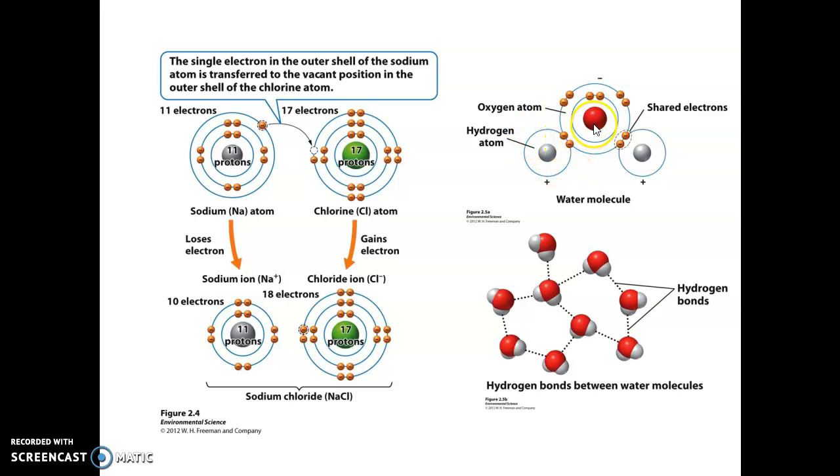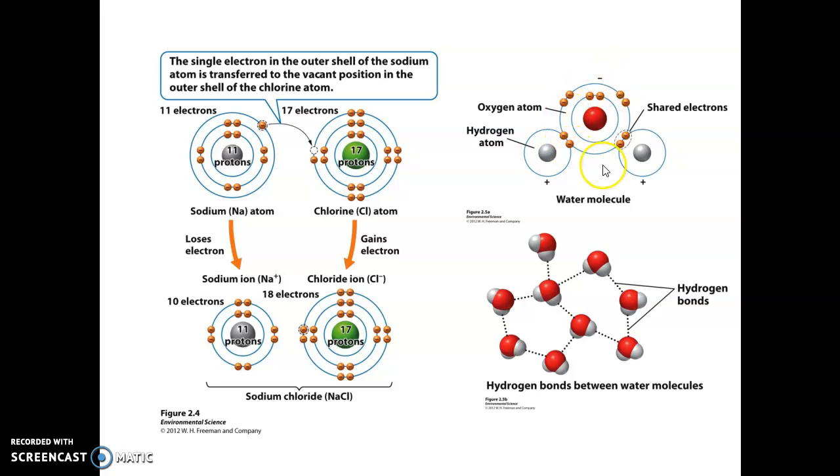But when it does, it's slightly more attracted to the oxygen, spending a little more closeness with the oxygen than it is with the hydrogen. And that gives the hydrogen a slight positive charge here, and the oxygen atom a slight negative charge here.